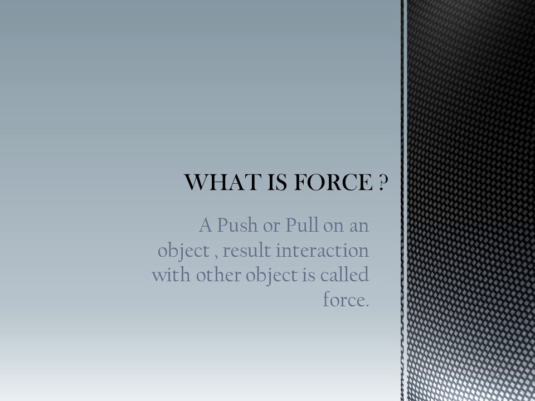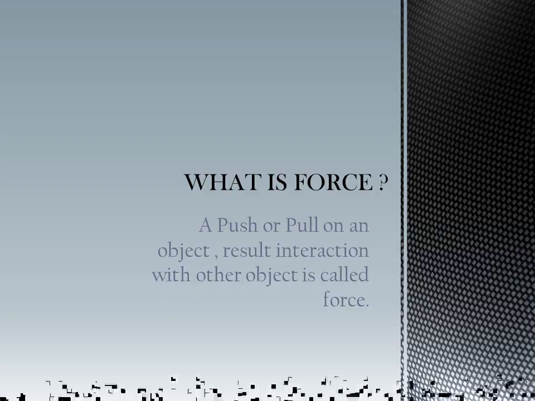When the push or pull on the object through the bat results in interaction with the other object, the bat, that interaction is called force. Now I think you have clearly understood what force is. A push or pull on an object resulting in interaction with another object is called force.